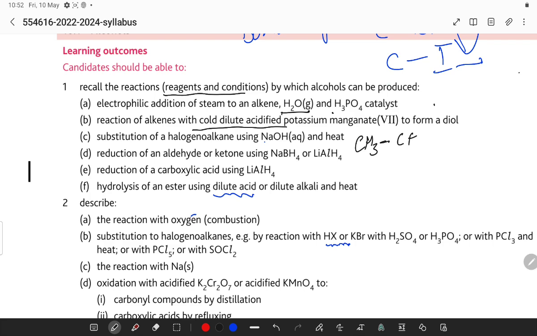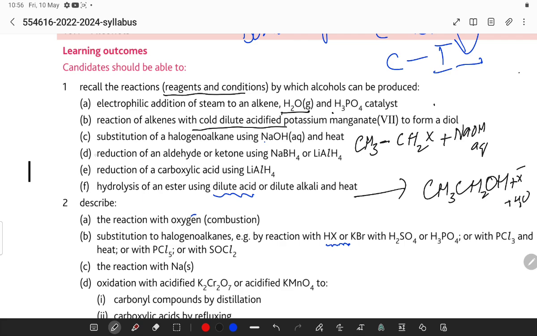CH3 CH2 X plus sodium hydroxide aqueous to form CH3 CH2 OH plus X minus and water. Substitution, this is also SN1 and SN2. By nucleophilic substitution of haloalkane using sodium hydroxide and heat, we get alcohol.